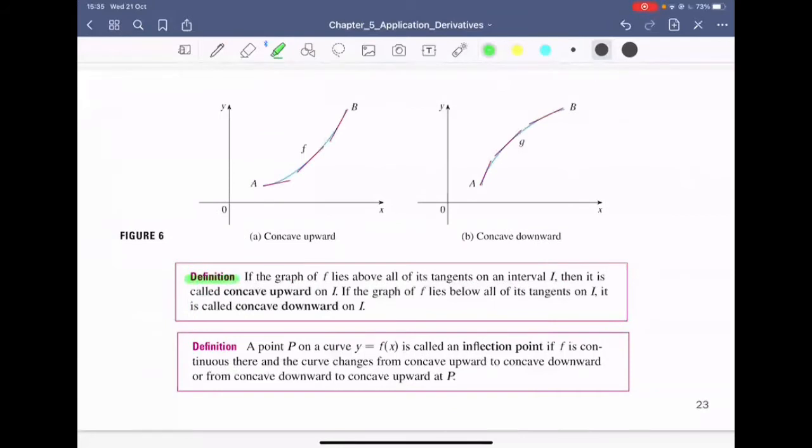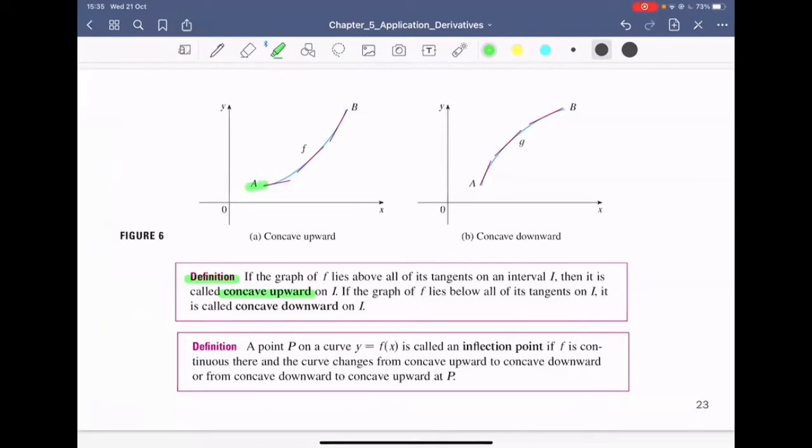If the graph of f lies above all its tangent lines, that means the function is concave up. This is the case that you see on the left-hand side of the picture here.